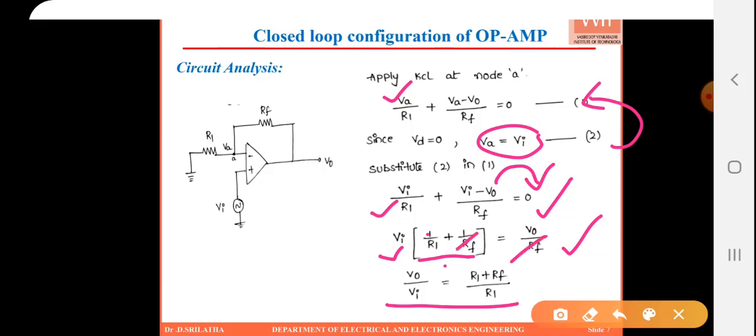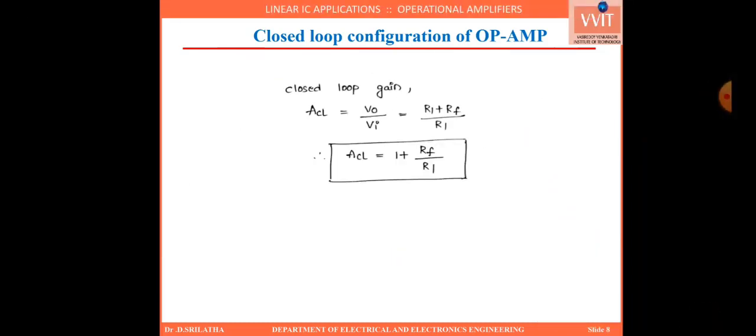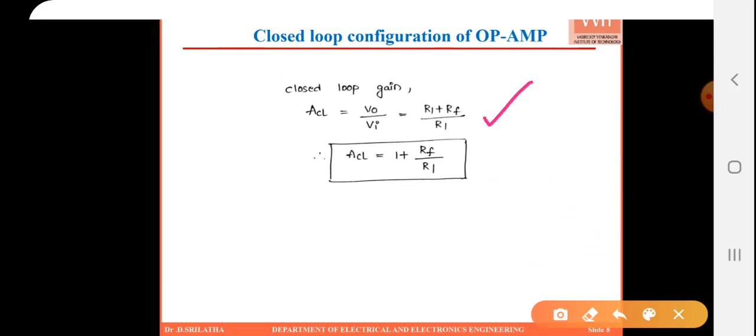Now, what is the closed loop gain of the non-inverting amplifier? R1 plus Rf by R1. On taking R1 as common, we have 1 plus Rf by R1.